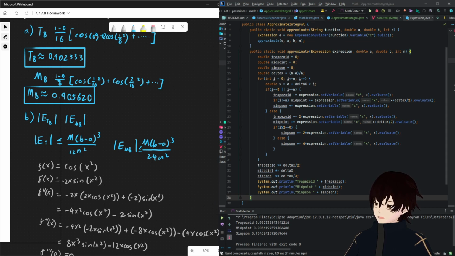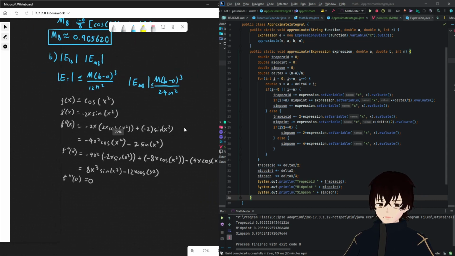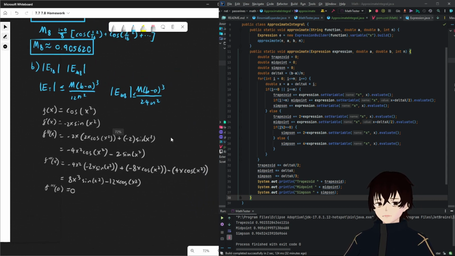But how does it get the error? Let's work backwards to solve for m. Apparently the right answer is 0.0078.